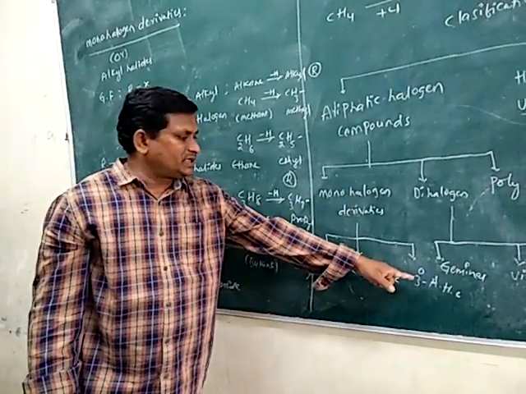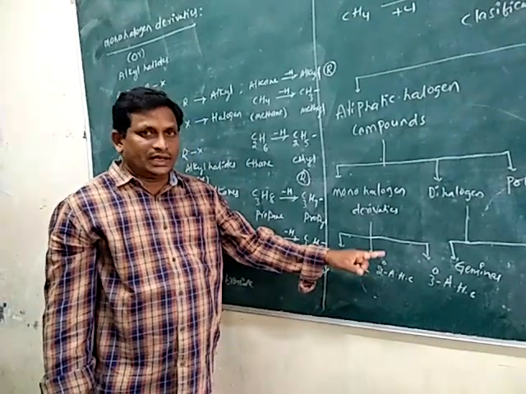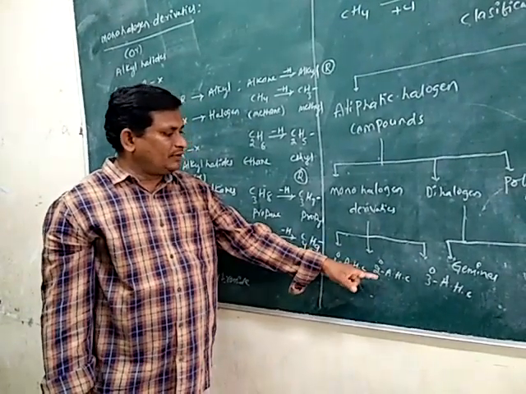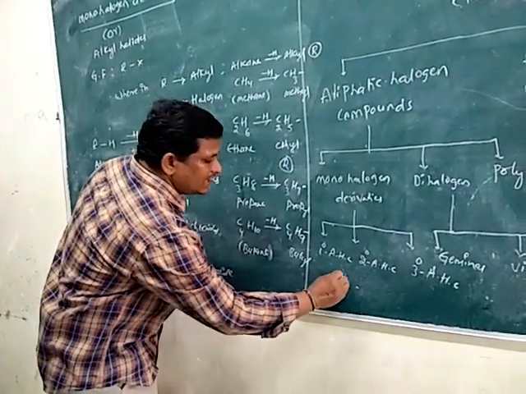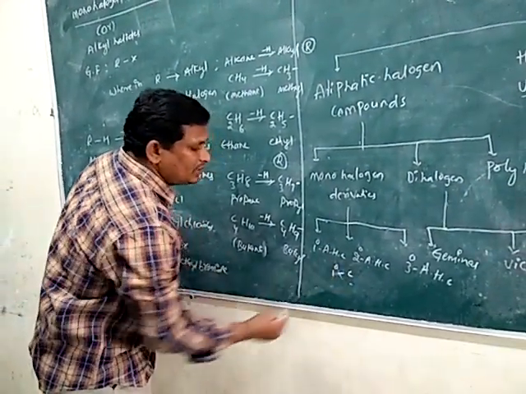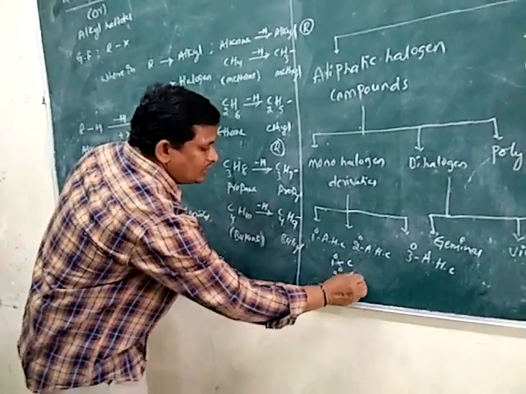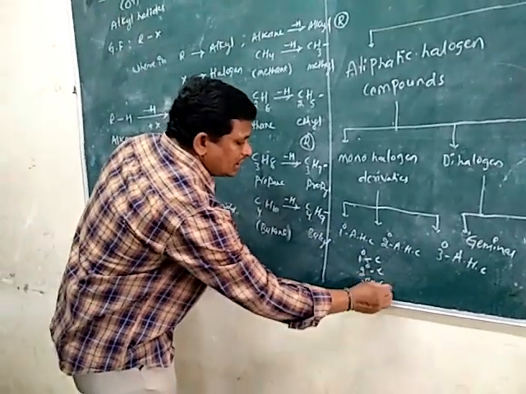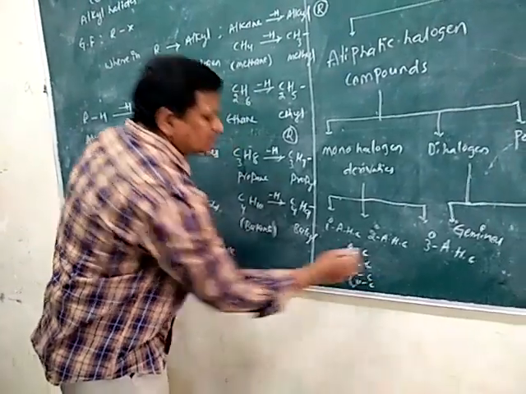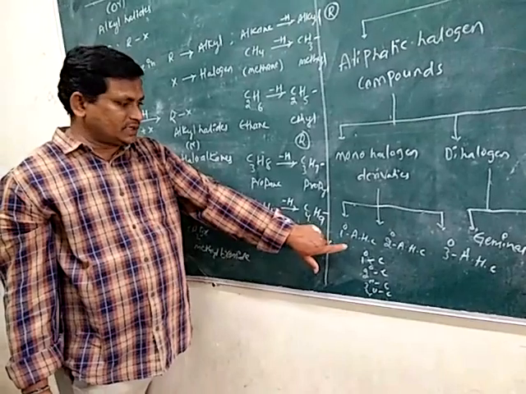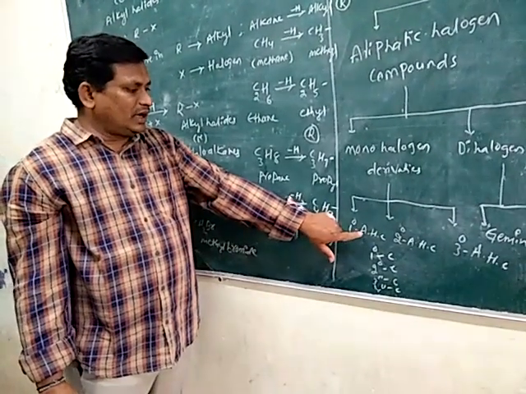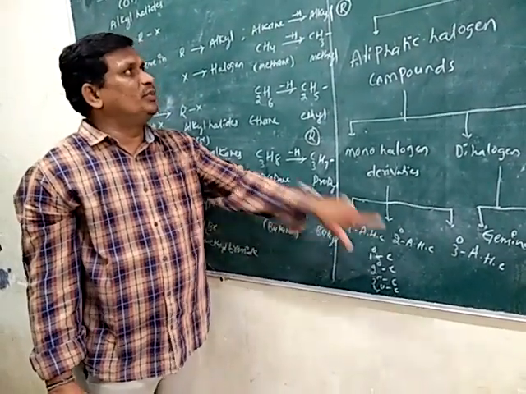These three are based on the type of carbon the halogen is attached to. Carbons are of types: primary carbon, secondary carbon, tertiary carbon, and quaternary carbon. Next we are going to discuss primary alkyl halogen compounds.